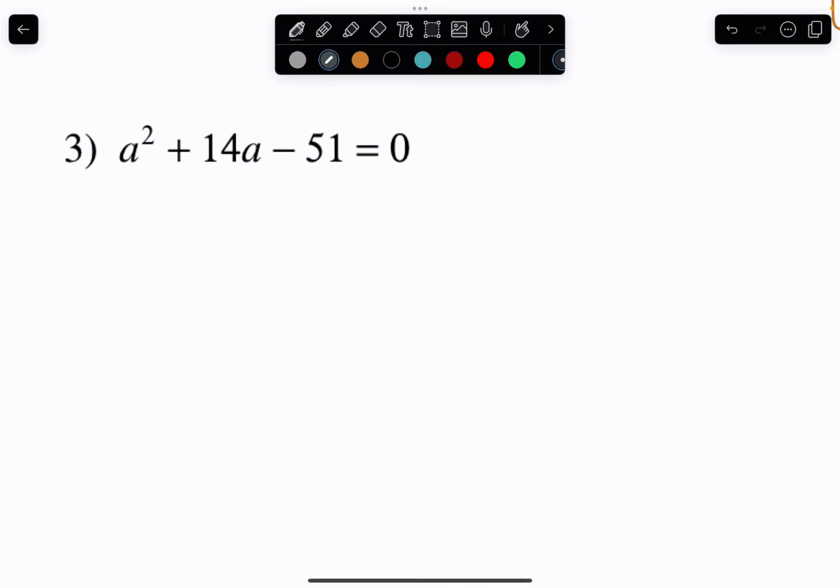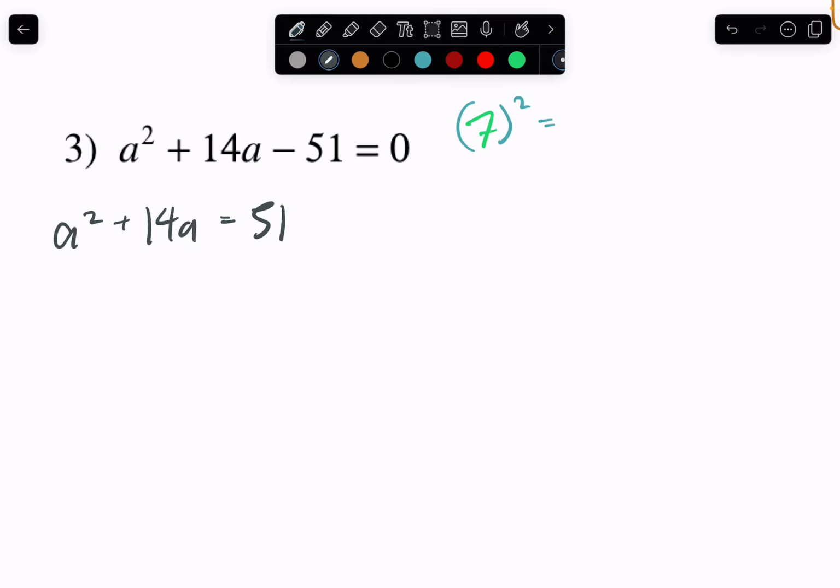Number 3. Okay, let's do the same thing. Transpose the constant to the right side. Divide all sides by the coefficient of the term with the highest degree, which is just 1, so we don't change anything. The second term has 14a. Half of its coefficient is 7, and then we raise it to 2.